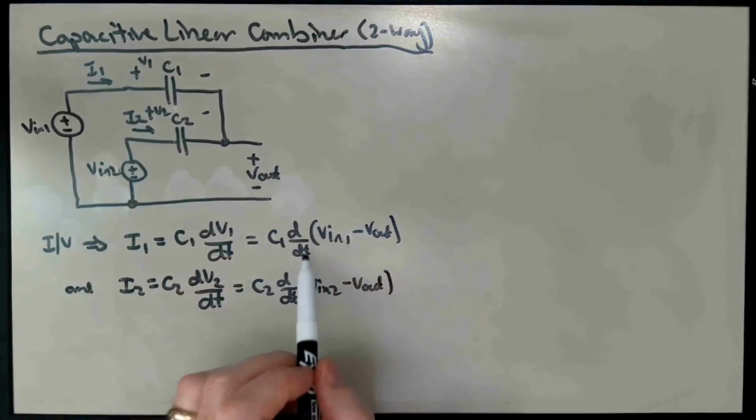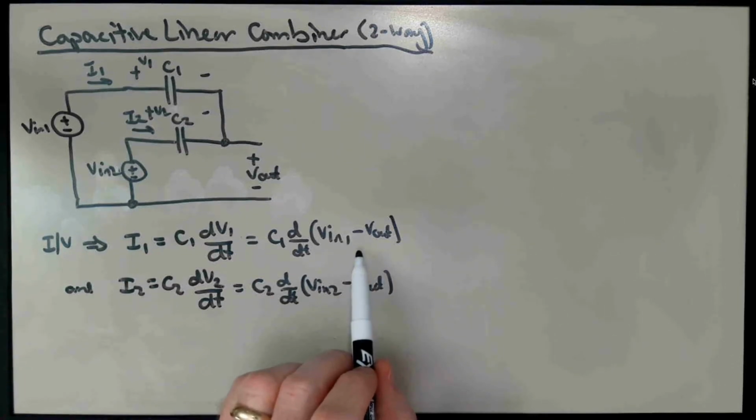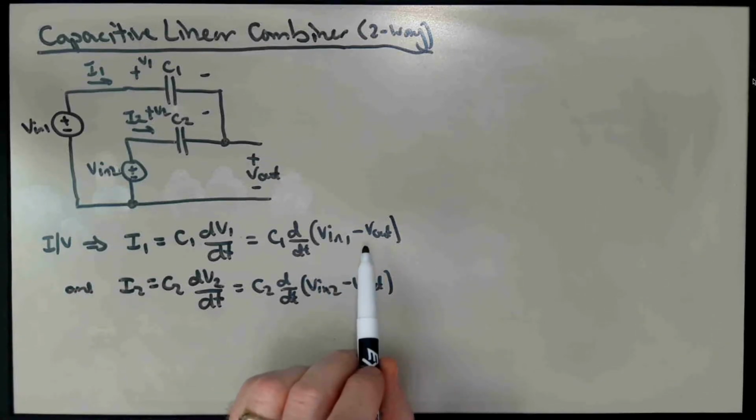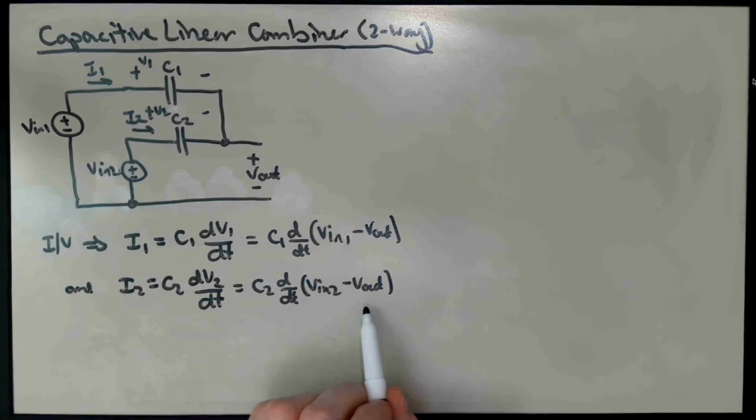Now, of course, we can push this derivative through this difference and write this as C1 times dVin1/dt minus C1 times dVout/dt. And this one we can write as C2 times dVin2/dt minus C2 times dVout/dt.